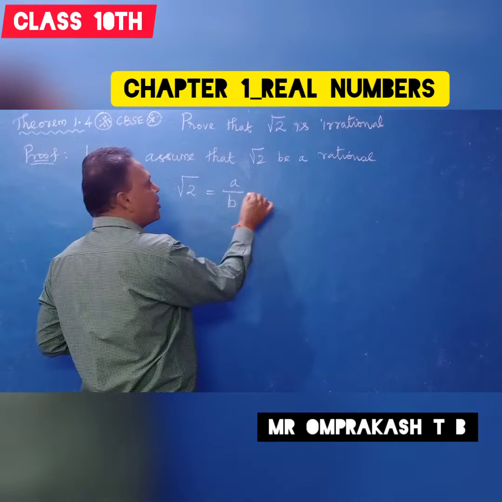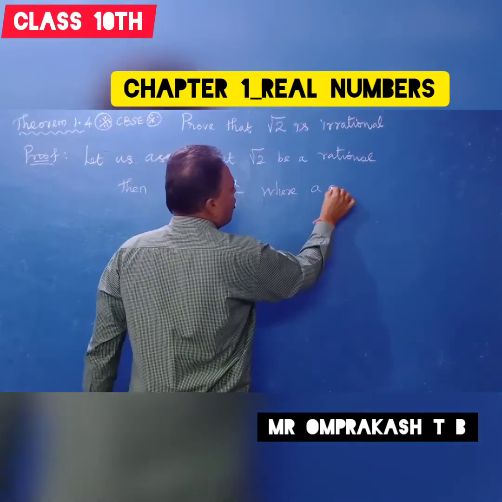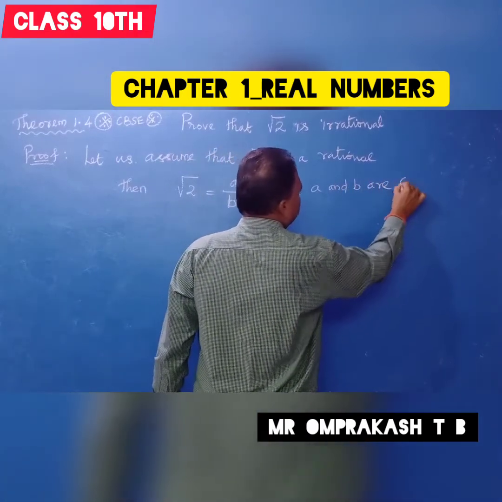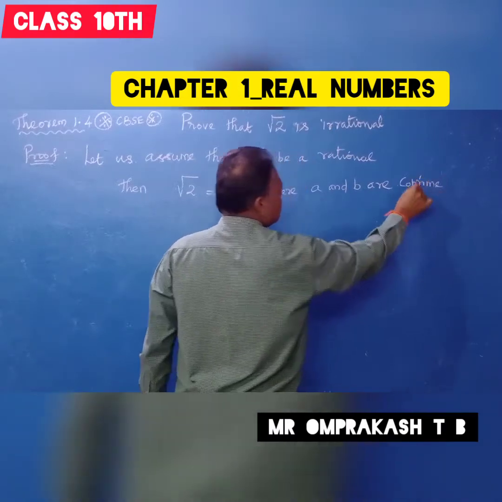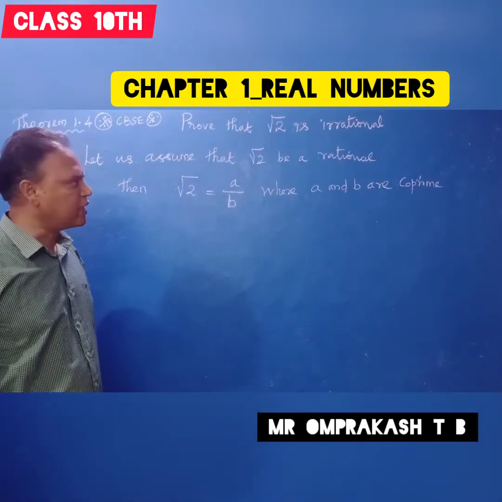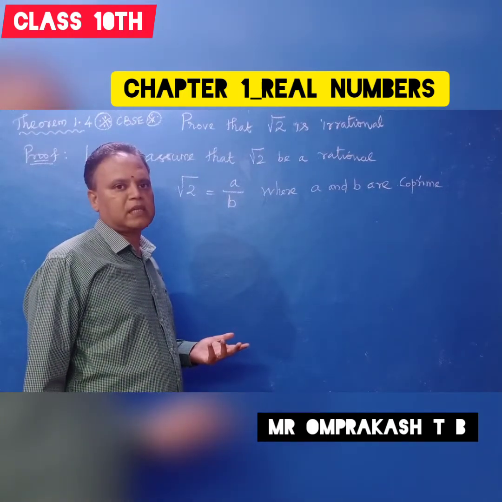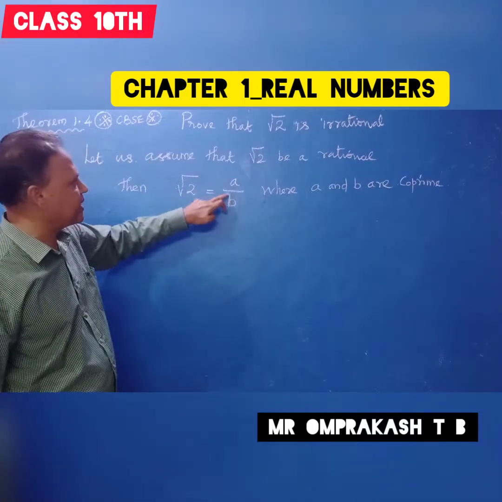Where A and B are co-prime, this is very important. In 6th class also you studied co-prime. What is co-prime? Co-prime means HCF is 1, for numerator and denominator.